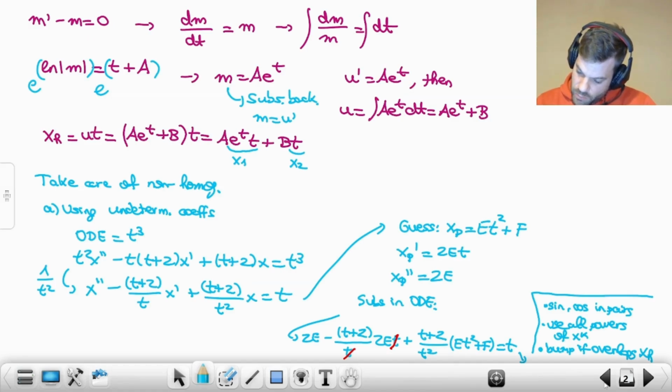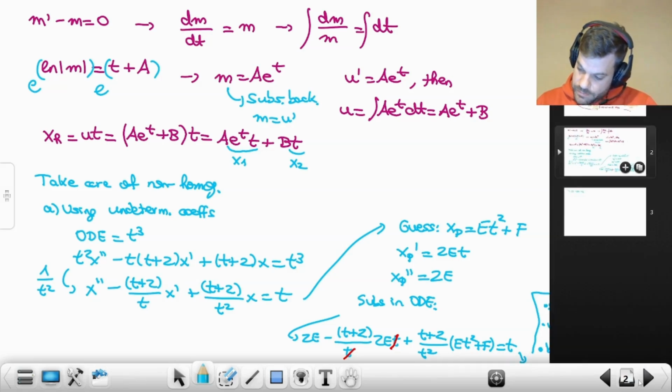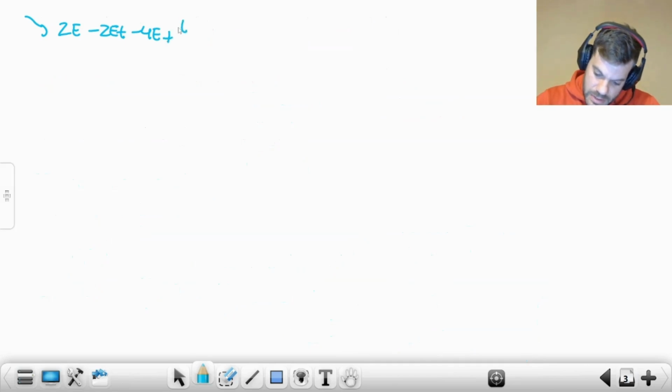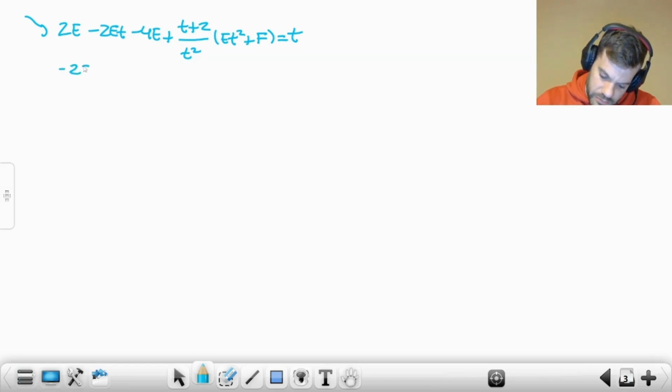And then once we multiply these two, well, I will write them just for the sake of the argument. Plus (t plus 2) over t squared times (e t squared plus f) equals t. So on the left, simplify 2e minus 4e, negative 2e minus 2et. And then first times the entire brackets, cancel out the t squared and t squared, so it would be plus et plus 2e.